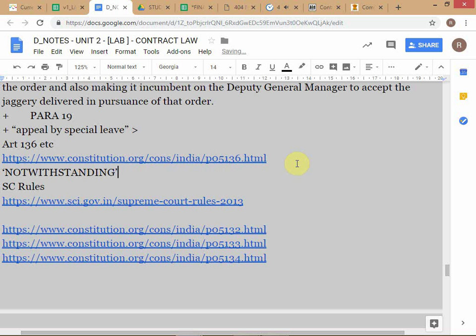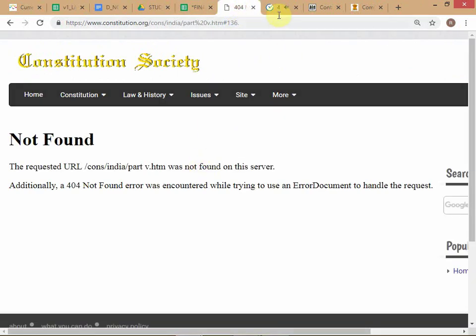This notwithstanding again implies, there's a legal term for this. This is called a non-obstante clause. Whenever you see this kind of structure in a legal provision, this is referred to as a non-obstante clause. This notwithstanding anything contained in this chapter. Okay, what happened here?